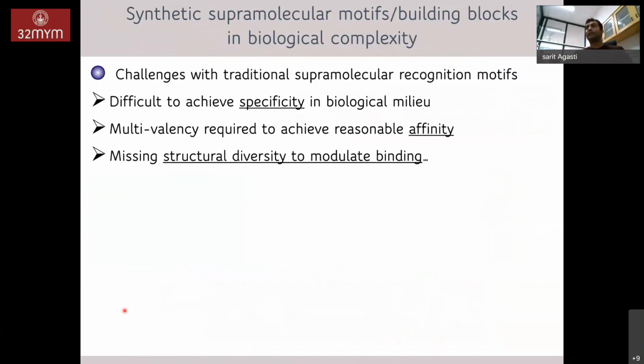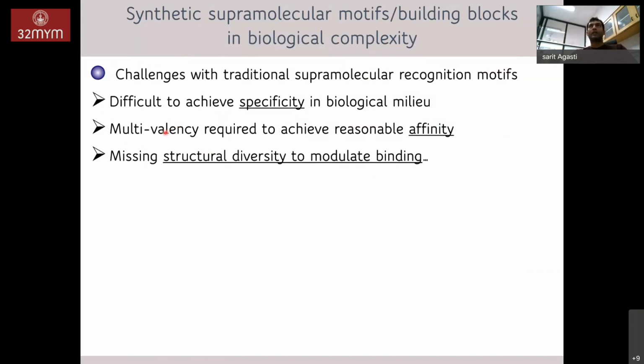However, there are significant challenges when we think about utilizing such systems for studying biology. The major difficulty in traditional systems is achieving specificity. For example, you want to study X, but instead of studying X, your molecule binds to Y, right? So you really need specificity in the interactions to study some of these molecules.